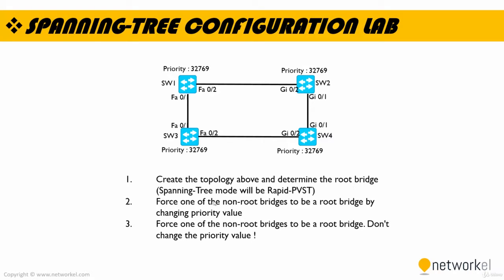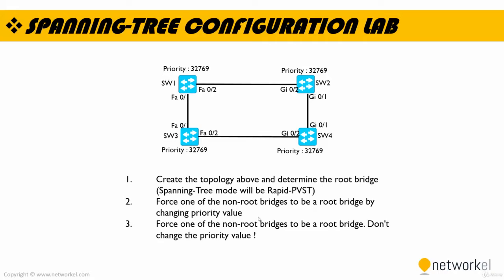Second, force one of the non-root bridges to be a root bridge by changing the priority value. And the last step is force one of the non-root bridges to be a root bridge, but don't change the priority value. Okay, let's go ahead with the first step.